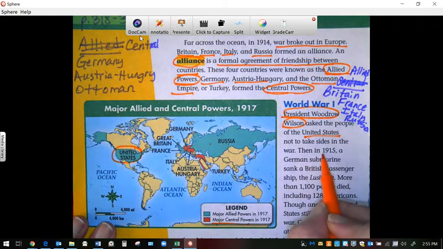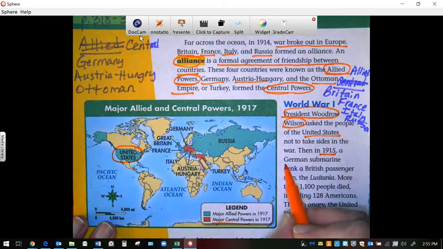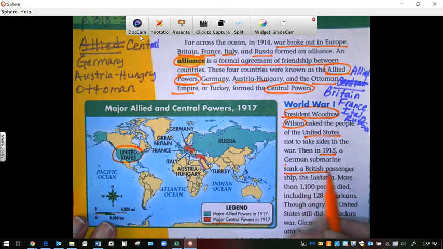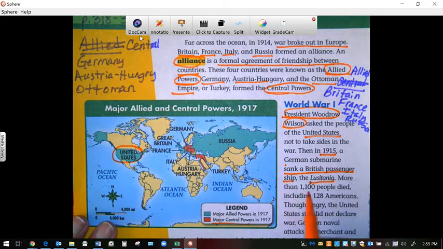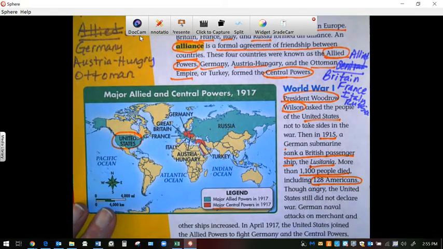Then, in 1915, a German submarine sank a British passenger ship called the Lusitania. More than 1,100 people died, including 128 Americans. Though angry, the United States still did not want to declare war.